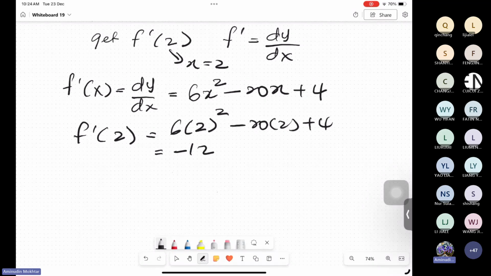That's how to get f prime of 2. We find the value of dy/dx when x equals 2, and in this case we get a number that represents the value of the first derivative.